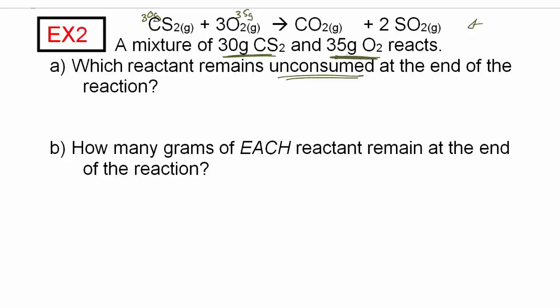They want to know which one is in excess. Which one do I have extra of? Okay. Do you see a game plan? Let's just start with one of those reactants, I don't care which one, and convert it to the other reactant and see if we have enough, right? What I mean is, start with one of the reactants. I'm just going to start with the carbon disulfide. Let's convert it to grams of oxygen and see if we have enough.